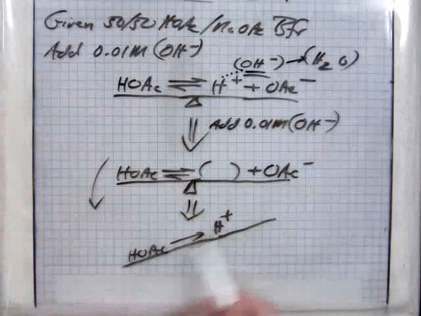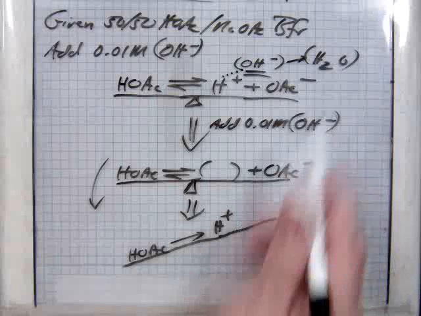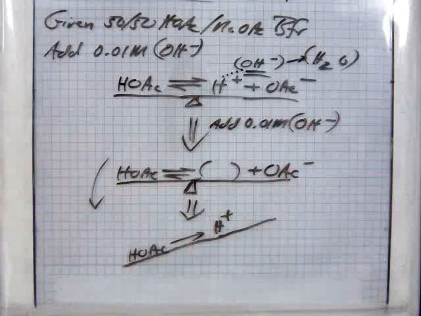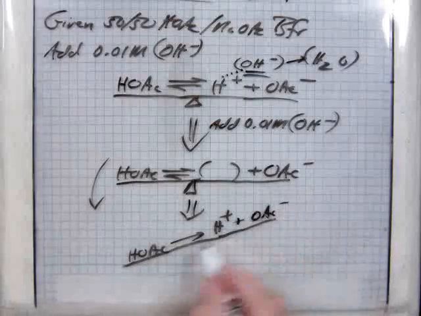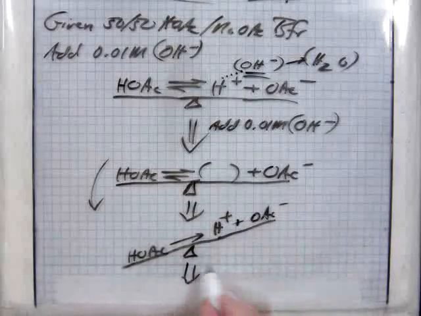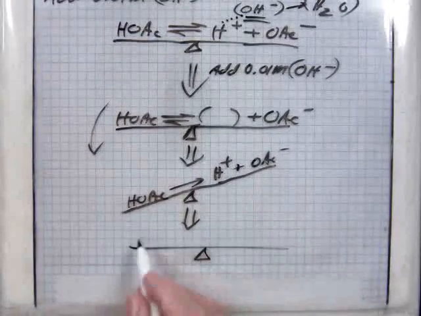This will keep shifting to the right, delivering more H to the right side until all of the excess OH is gone. And so we have that taking place, and then it will continue until we establish our new equilibrium again.